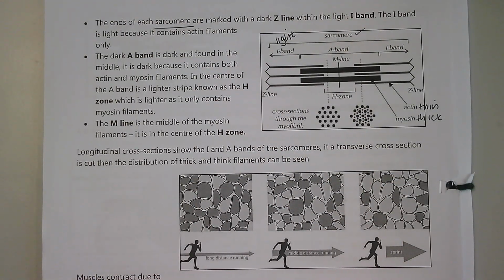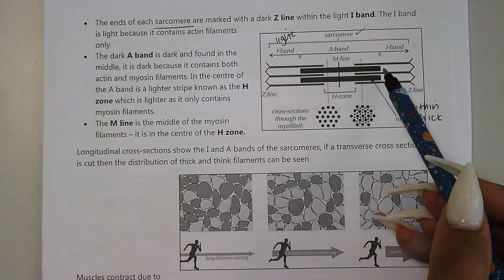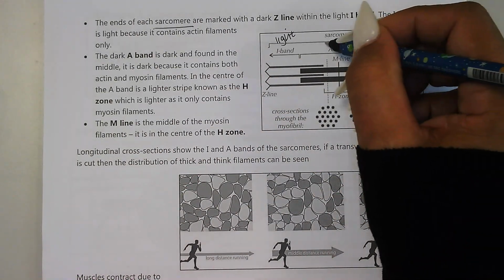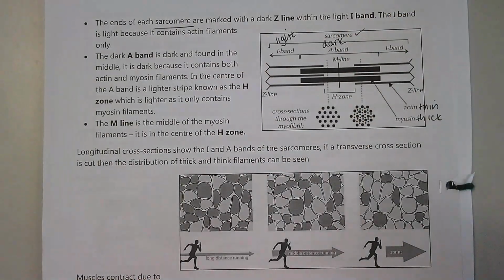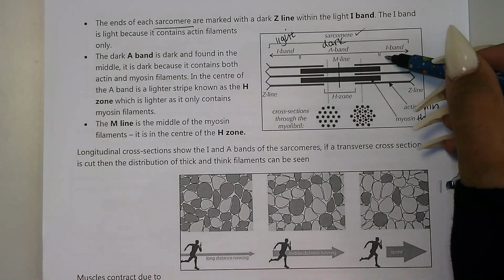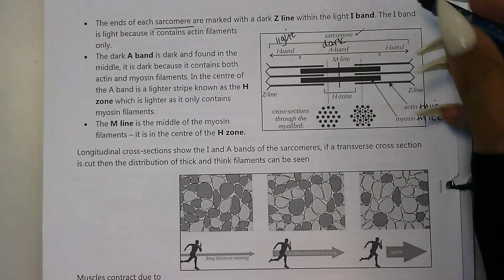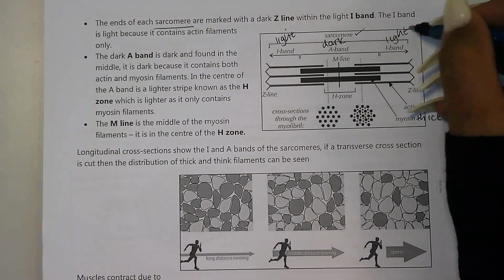Okay? And in fact, this region here, because of the presence of myosin, would appear darker if we were to view a thin section of muscle under the microscope. Okay? And then we've got this region to finish off the sarcomere, which is just actin. This would also appear as a light band.